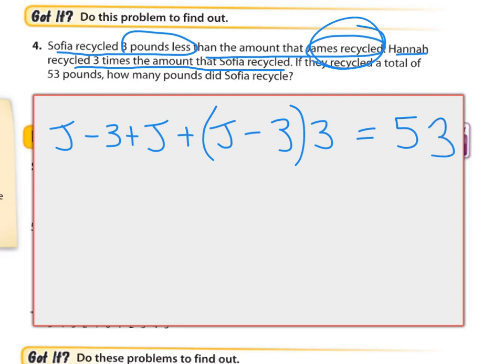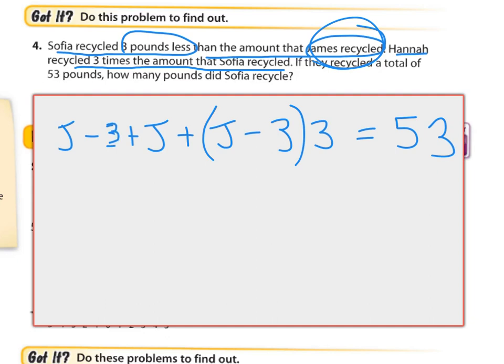Does that make sense? Okay, we have right here Sophia all on her own. It's 3 pounds less than James. James collected his amount. And then James minus 3 times 3 is Hannah. Now, this looks a little sloppy, so we can make it a little less sloppy by combining all of the like terms.